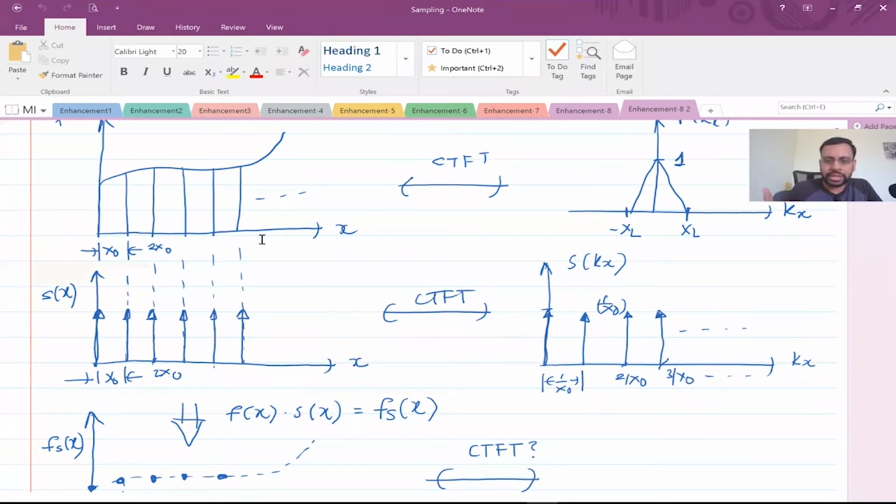How is this Fourier transform related to the Fourier transform of the original signal? And then is it possible to get back your original signal from this Fourier transform, provided you are taking enough samples of this original signal? This is a key problem that we are trying to address.